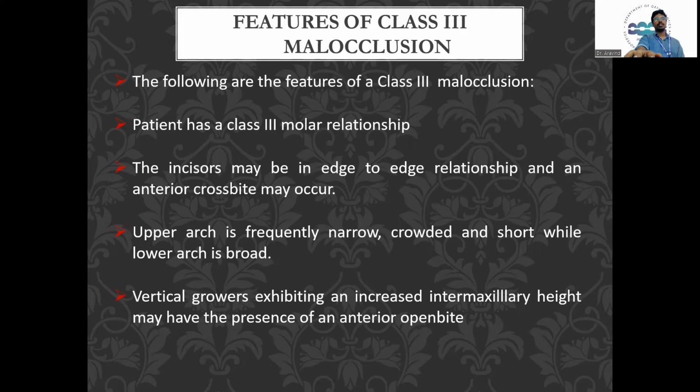In this situation, the incisors may be in an edge-to-edge relationship and an anterior crossbite may occur. In a class 3 patient, the upper arch is frequently seen as narrow, crowded and short, while the lower arch is usually broad. Class 3 malocclusion in vertical growers will exhibit an increased intermaxillary height and may have an anterior open bite.